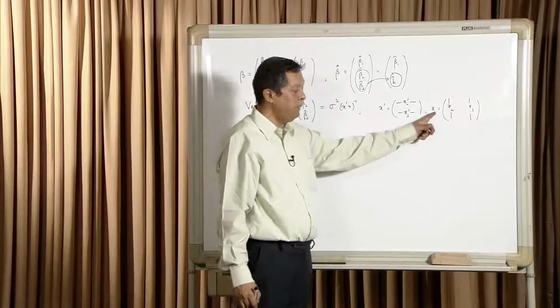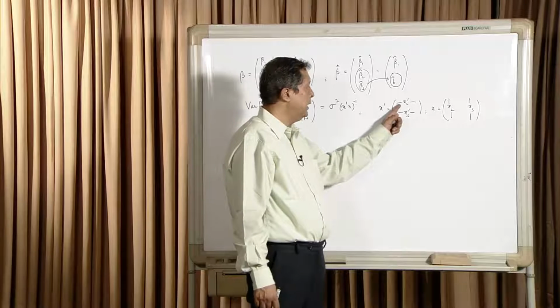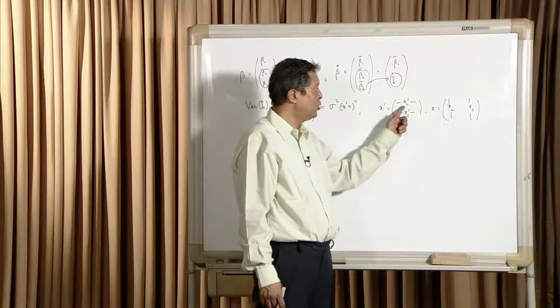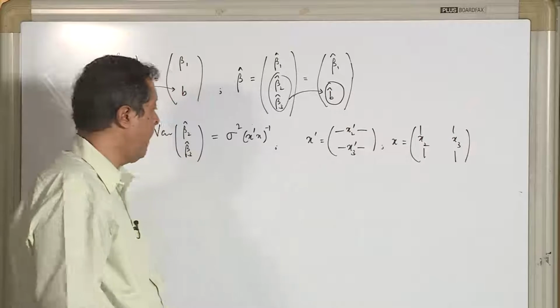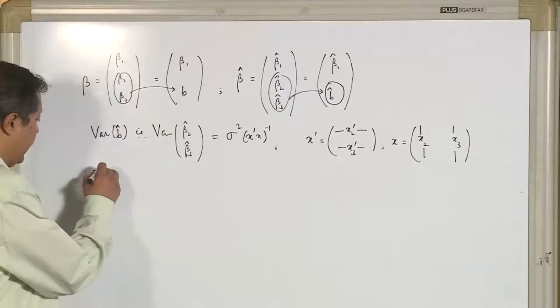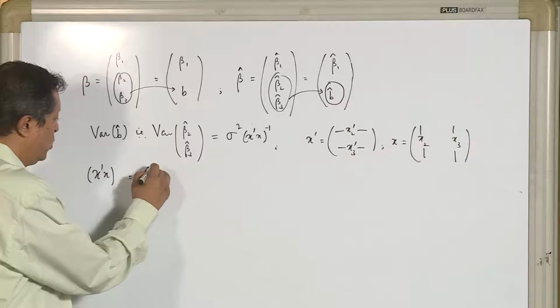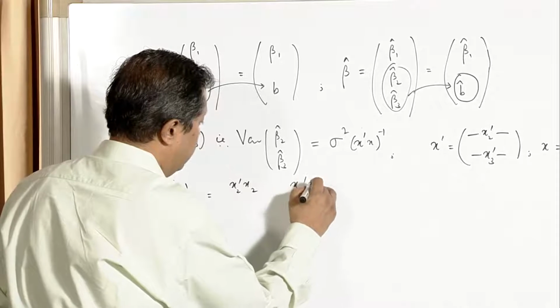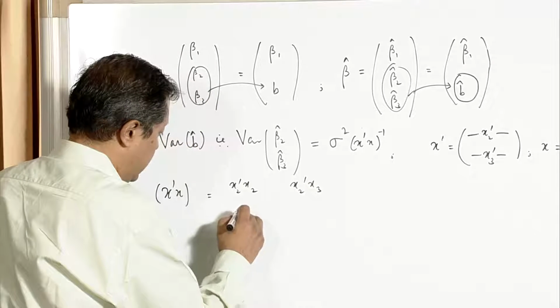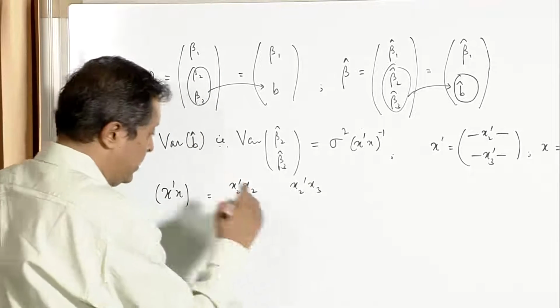So, x prime x, by simple multiplication of 2 by 2 matrices, will be x2 prime x2, x2 prime x3, x3 prime x2 and x3 prime x3. The entry x3 prime x2 is basically the same as x2 prime x3.